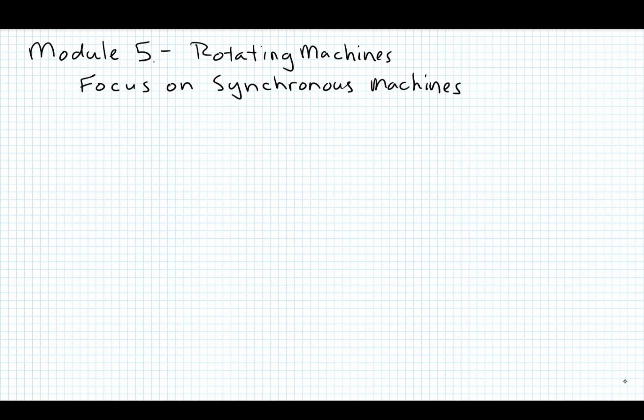There is a much wider range of rotating machine types out there, but these are the most commonly found, and I would imagine that many of you will encounter these machines in one way or another in your careers.